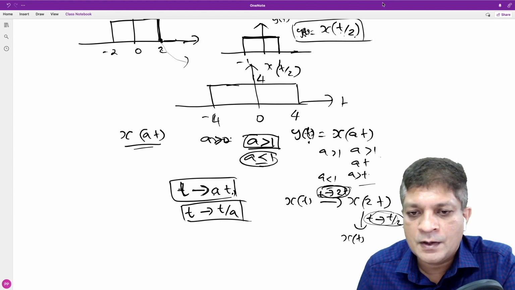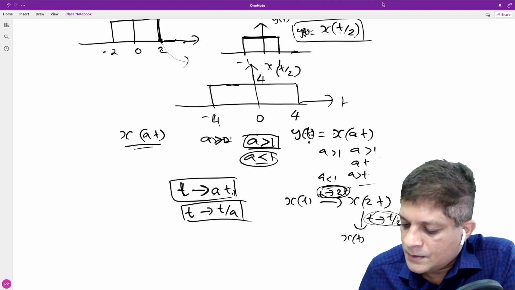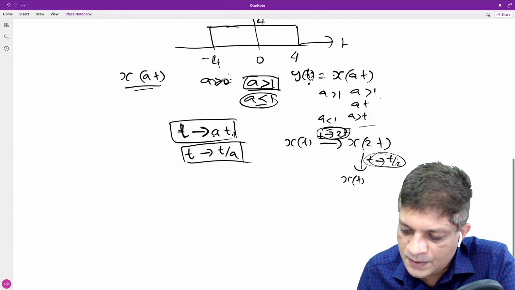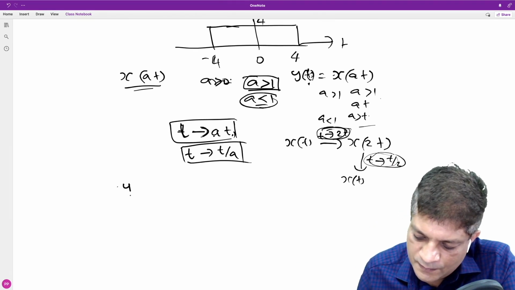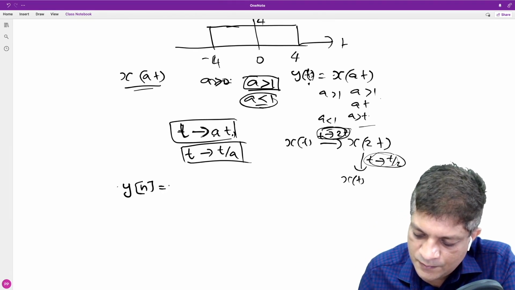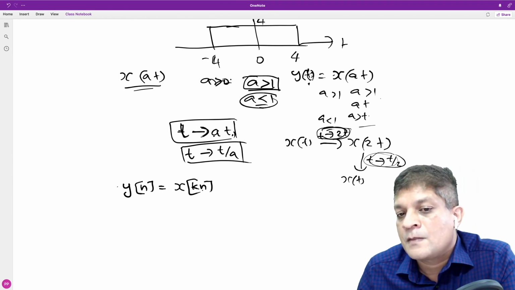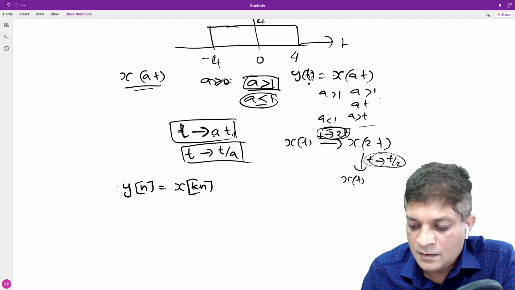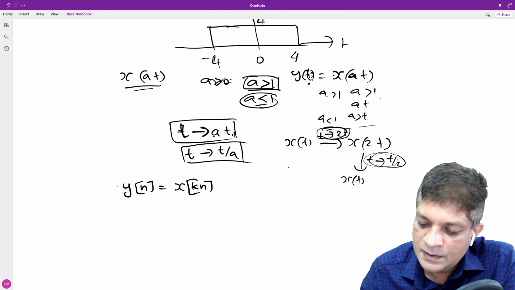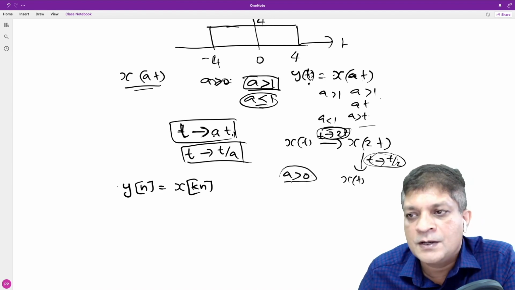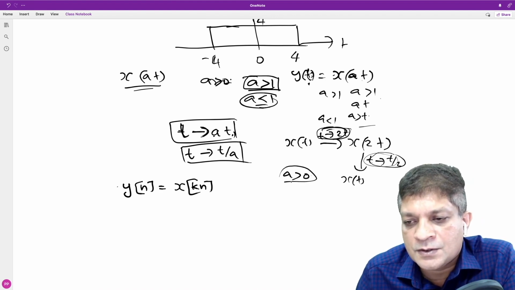Okay, that is for a continuous time signal. Now let us consider this time scaling operation in the case of a discrete time signal. y[n], this is the general form, x[kn]. Here, what about the value of a? a is greater than 0. It can be any real value greater than 0, isn't it?